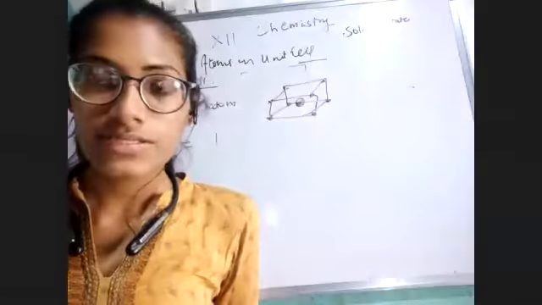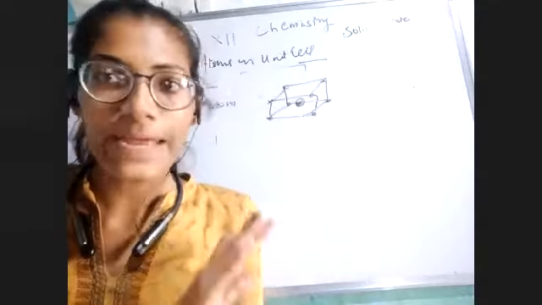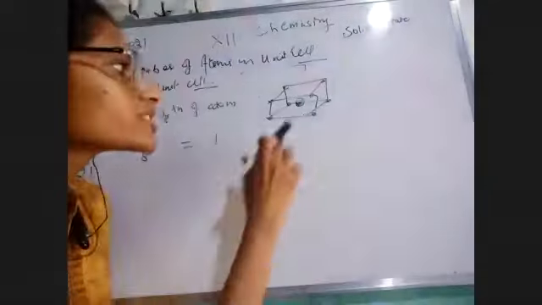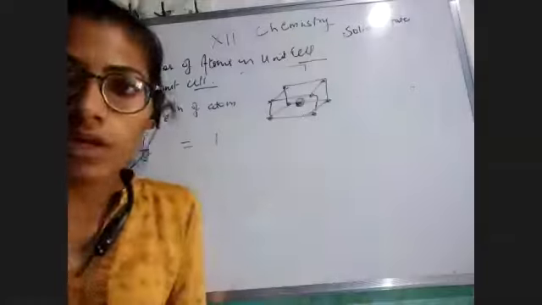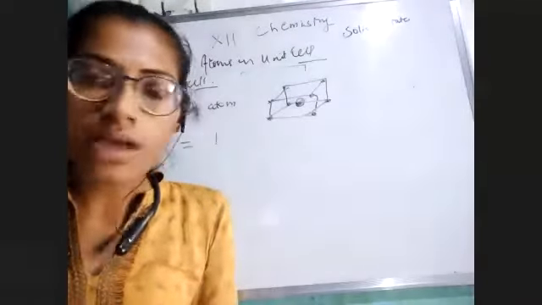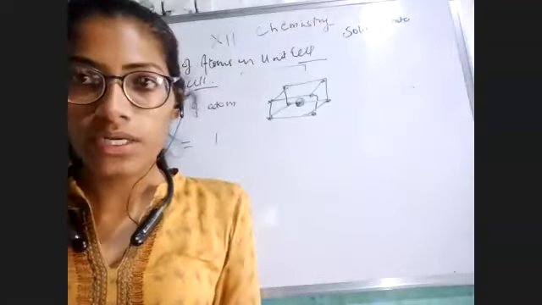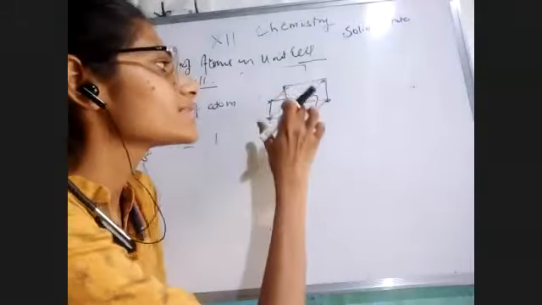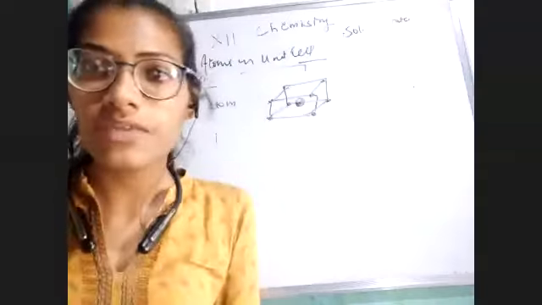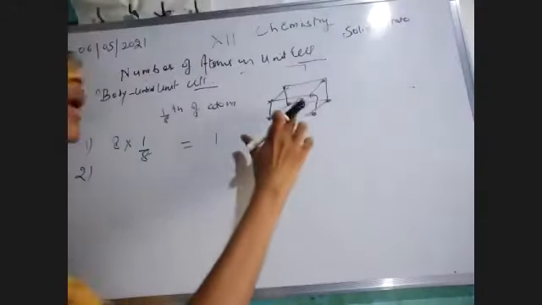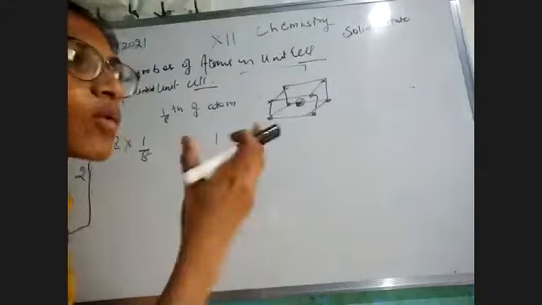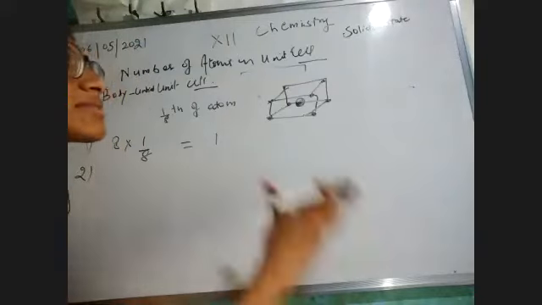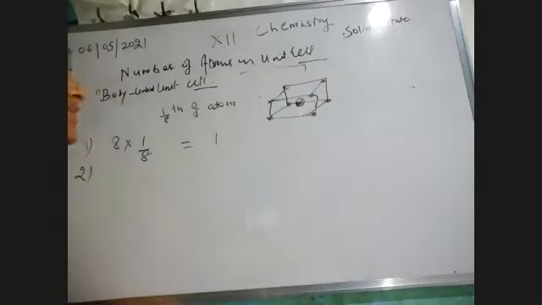And the interesting thing is that it is not shared by anything. Why? Because it is present in the center of the whole body. It is not surrounded by any other unit cell. Because it is in the center, it is in the safest zone. So it is one complete atom and it belongs completely to this unit cell.